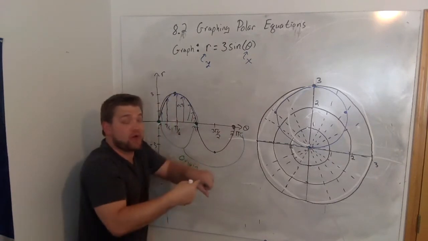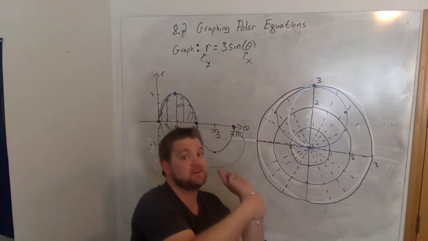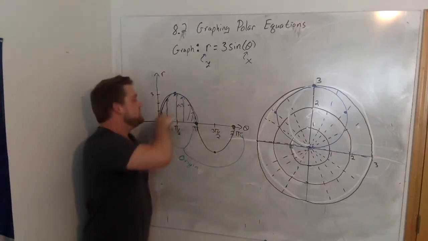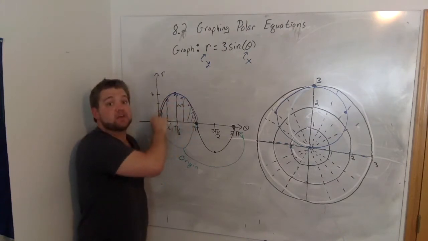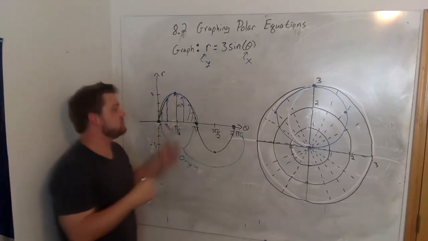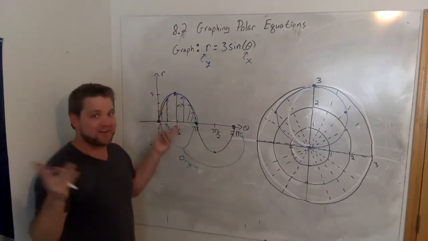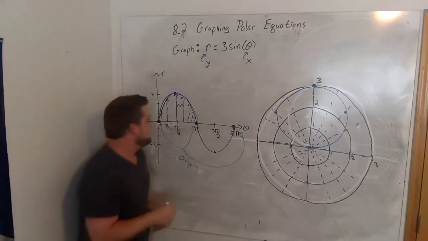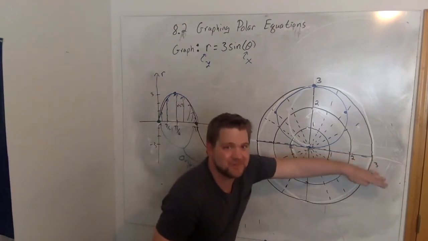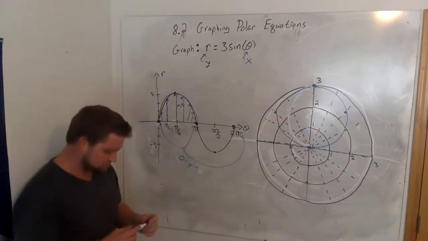Because as we're going around, the radius is getting bigger, but then it's going to return back to 0. So this piece above the x-axis is telling you that there's a loop happening. As we rotate, the radius goes out and then it comes back in. This is like a little leaf. Okay? And I know that leaf is going to be contained between 0 radians and pi over 2 radians. We'll do more examples here in just a second.